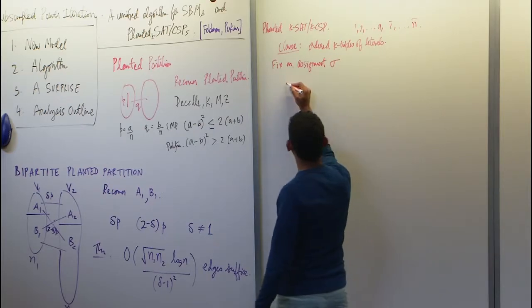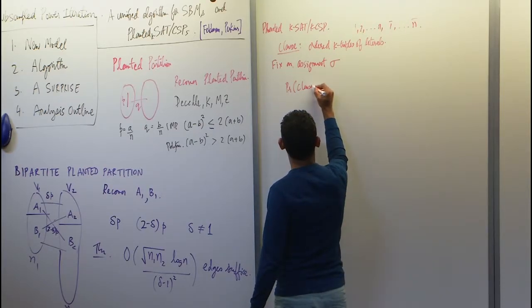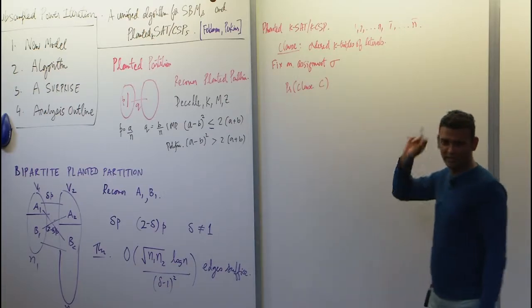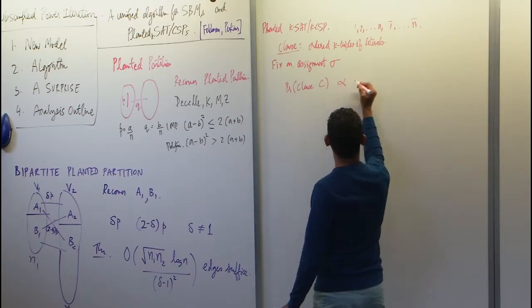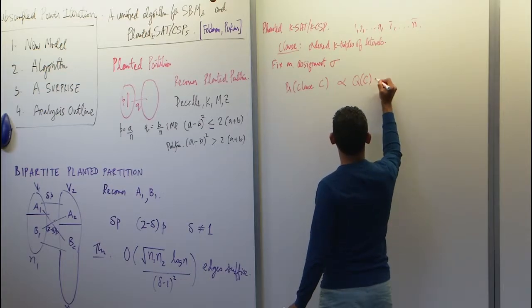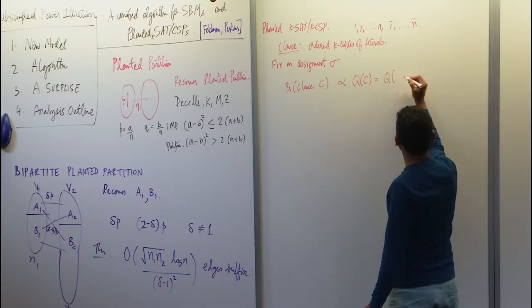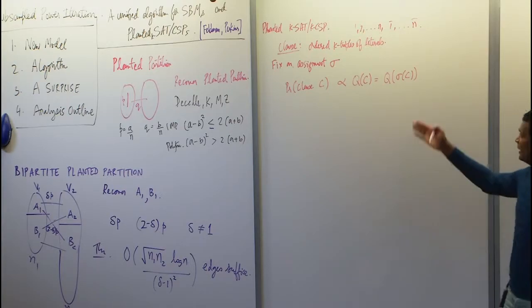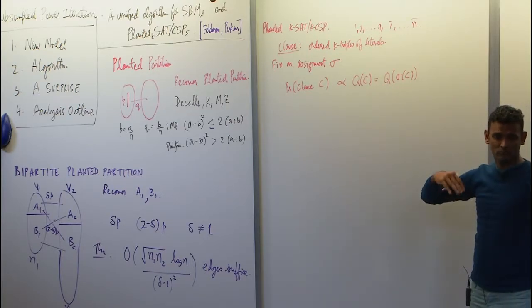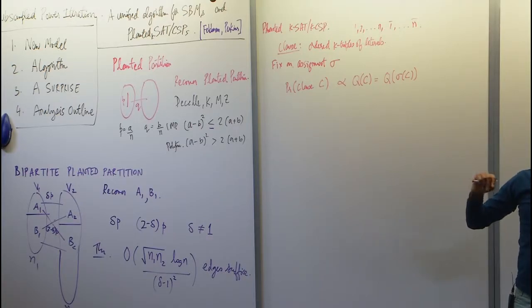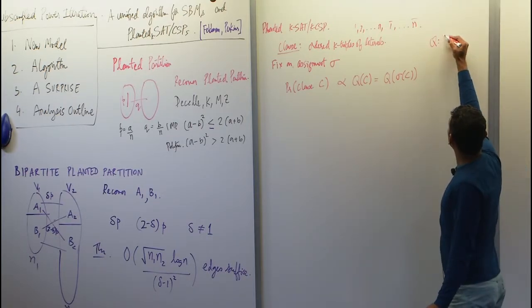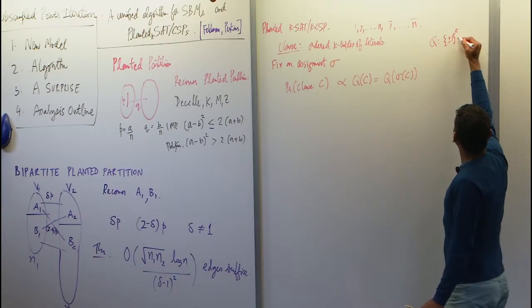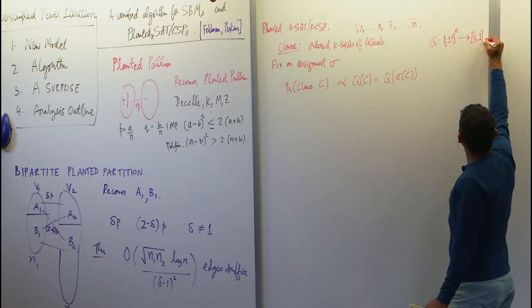The probability of a clause C of this type, a k-tuple, is proportional to, let's say, this function q of C, which depends only on the assignment values of the literals in C. So you pick a clause, x1 or x2 or ... or xk, look at the assignment values on those literals, and q tells you a number which the probability of picking the clause should be proportional to. So q is a function that goes from plus minus 1 to the k to 0, 1. Non-negative function.